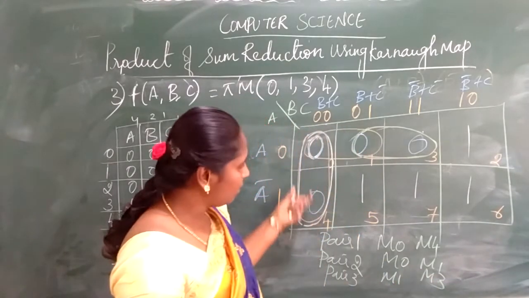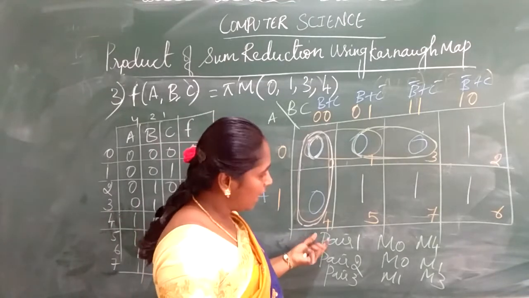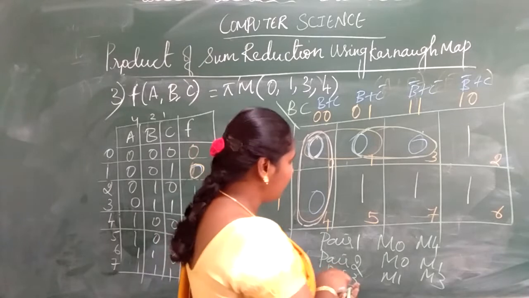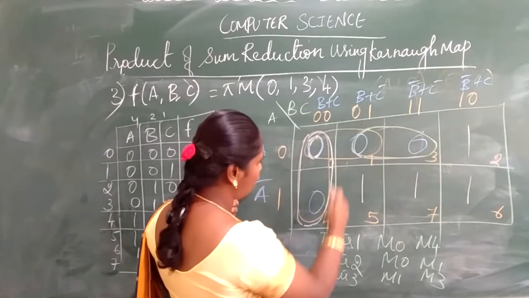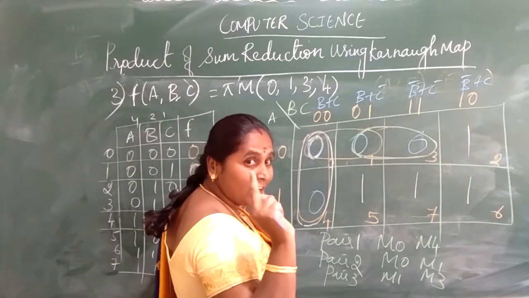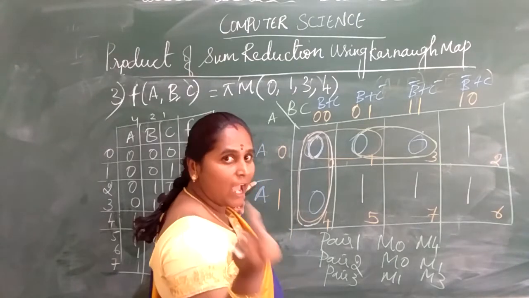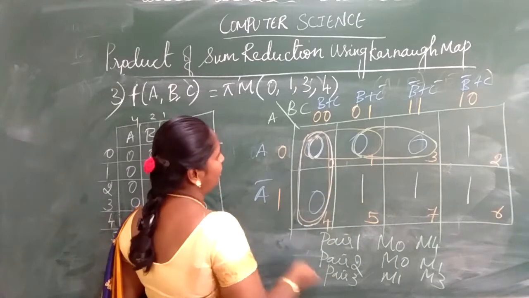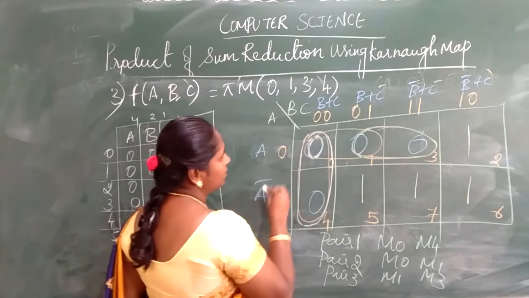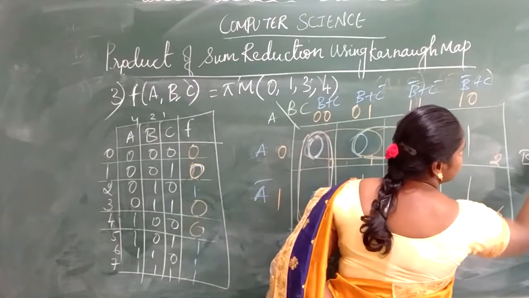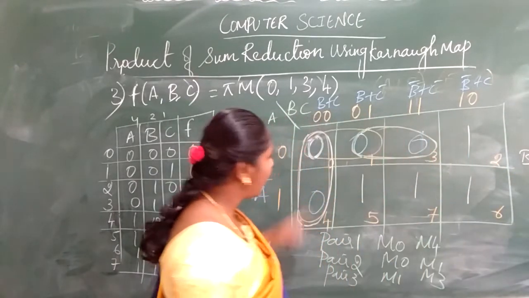First we'll see the expression for pair 1, pair 2, pair 3. For pair 1, M0, M4: in a pair, one variable changes from complemented to uncomplemented. So A and A bar change. The left out expression is B plus C for pair 1.